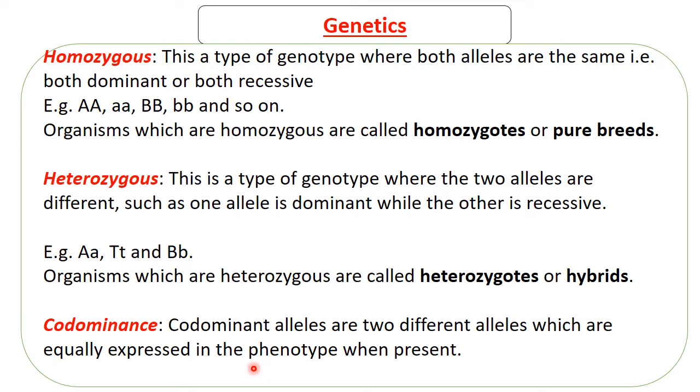If tallness had alleles with a codominance phenomenon, then when the allele for tallness and the allele for shortness are combined, you would be able to observe both of them.